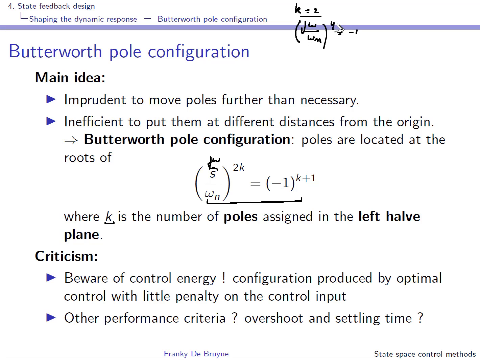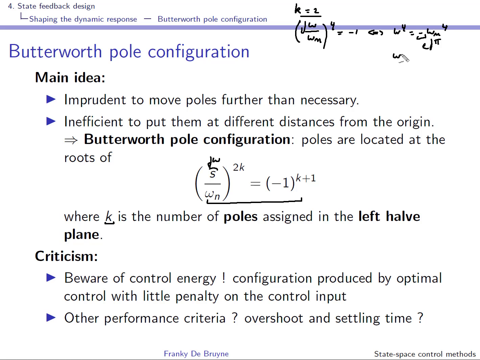j to the power 4 is 1, so we have the relation omega to the power 4 is equal to minus omega n to the power 4. If we take the square root, minus 1 is e to the j pi.